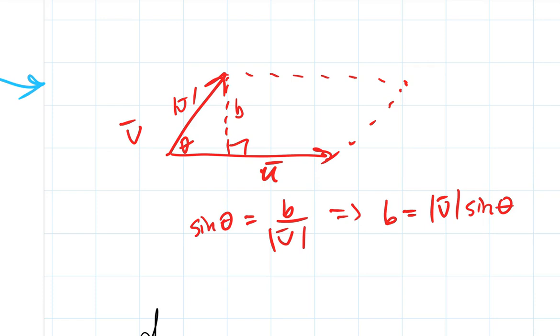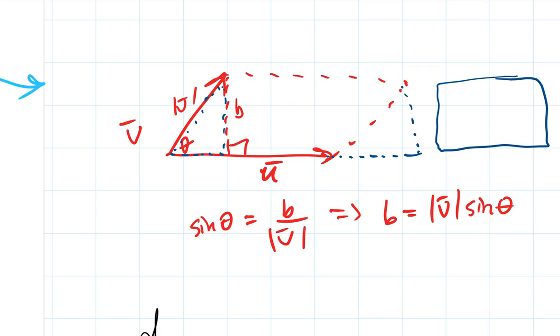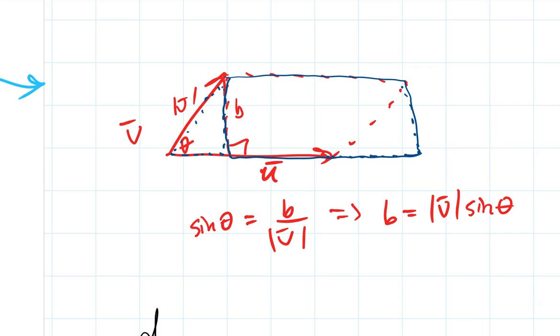Now, if I use a little bit of ingenuity and I draw that triangle that's over here on the left, and I draw it here instead, then what I have is a rectangle. So you have a rectangle here. With that said, it's not the same rectangle.